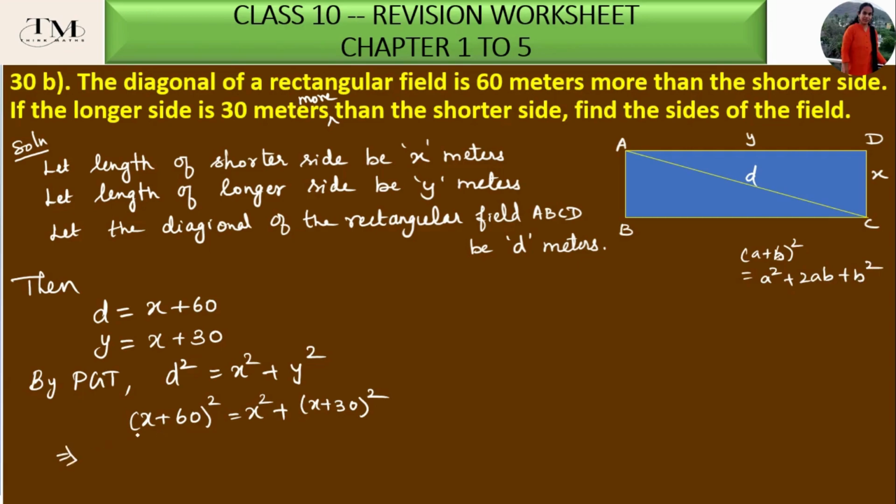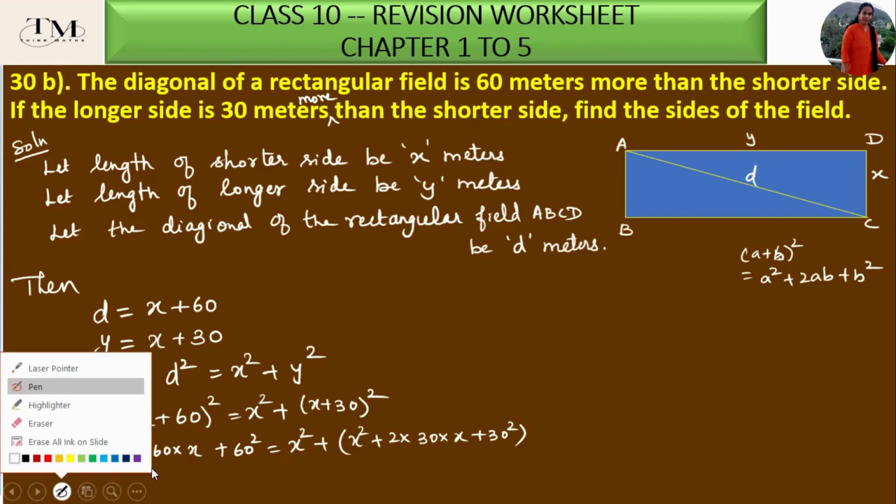So applying the formula, x plus 60 whole square equals x square plus 2 into 60 into x plus 60 square, equal to x square plus the same a plus b whole square, x square plus 2 into 30 into x plus 30 square.